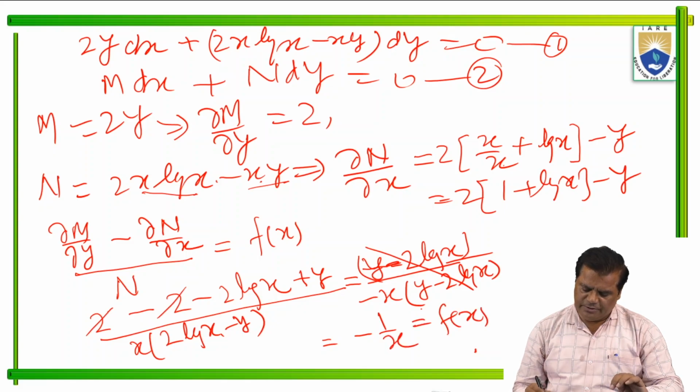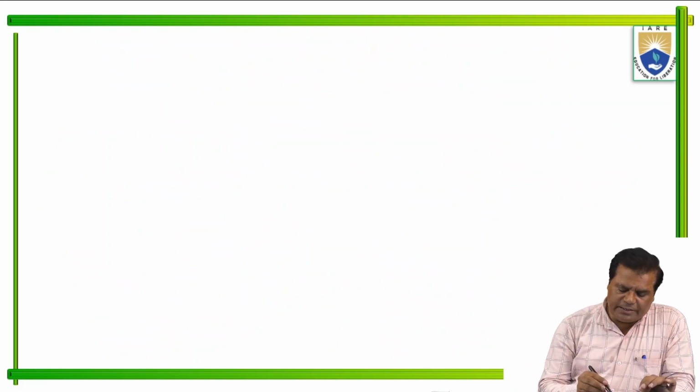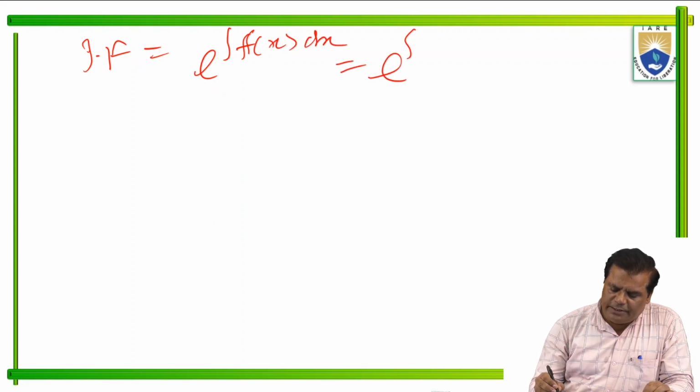This is f(x). Okay. So now the integrating factor IF is e to the power integral of minus 1 upon x dx. This is f(x) and dx. So now e to the power integral minus 1 upon x dx.